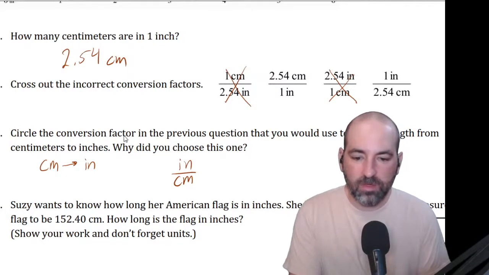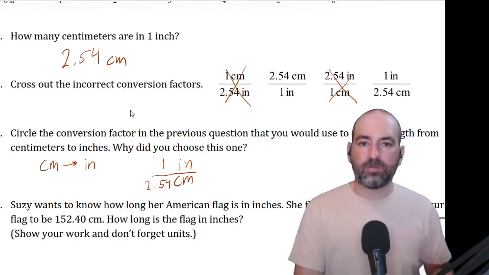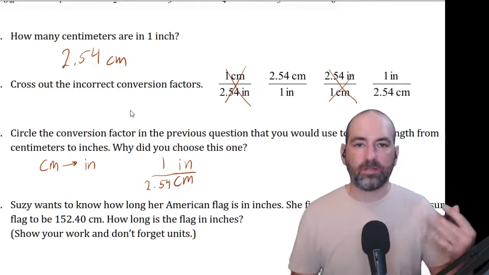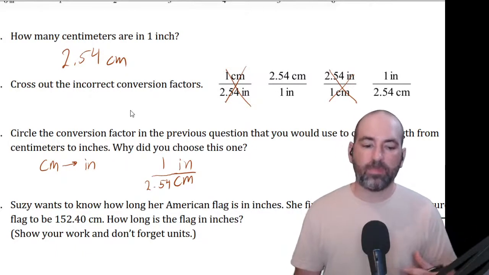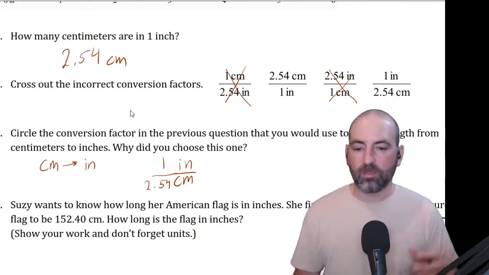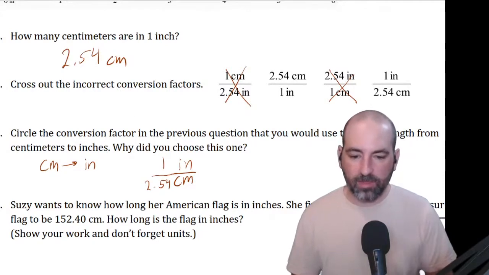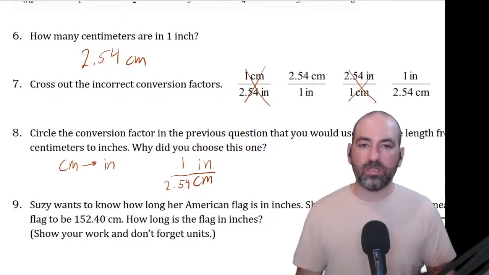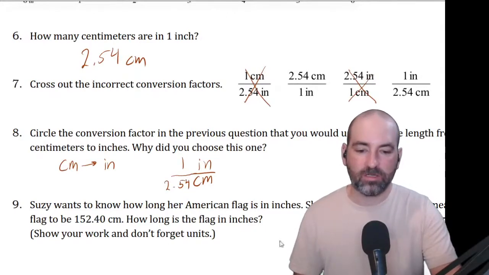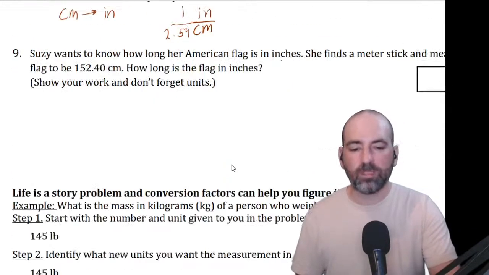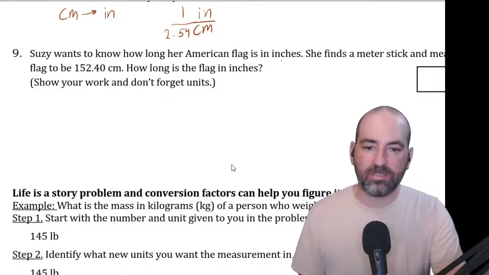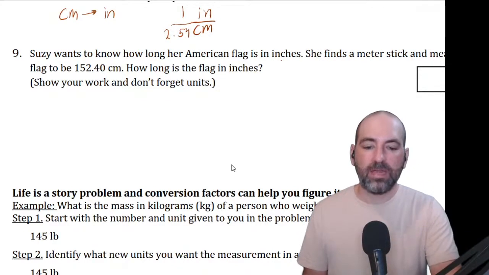And so that would be the very last one, which looks like that. So always think first about which unit you want on the top and which unit you want on the bottom. And then you can fill in the numbers that correspond. That's a lot easier, and it's going to lead to a lot more correct answers than trying to think about, well, do I multiply by this or do I divide by this? Because depending on the question, that answer, whether you multiply or divide, is always going to change.